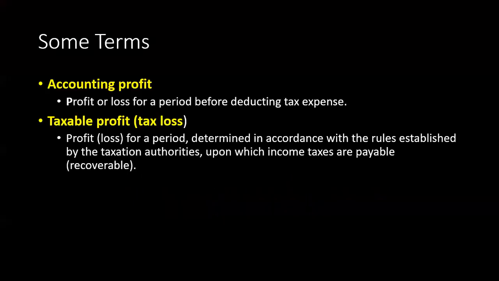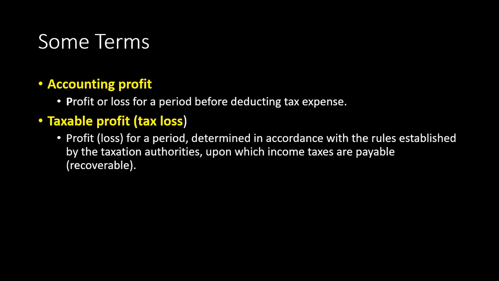So the important terms defined by the standard are the accounting profit and taxable profit. The accounting profit is a profit determined for the purpose of reporting to the shareholders, using the principles of reporting and the relevant accounting standards.